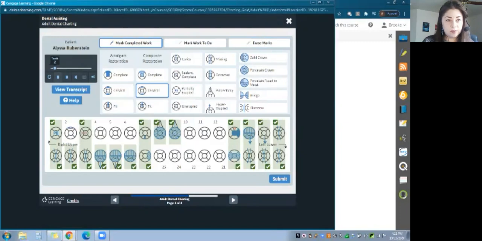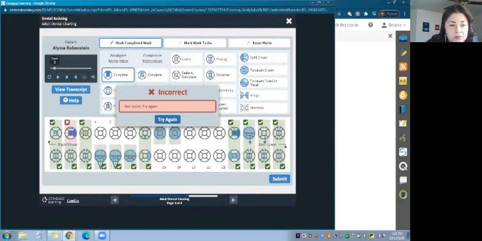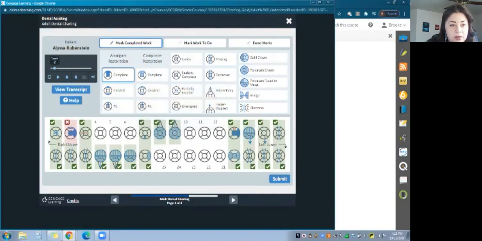Amalgam. Number 2 has a Class 5 restoration on the buccal and a MO amalgam. Okay, amalgam. MO. Maybe it's not liking that I put that as a composite.